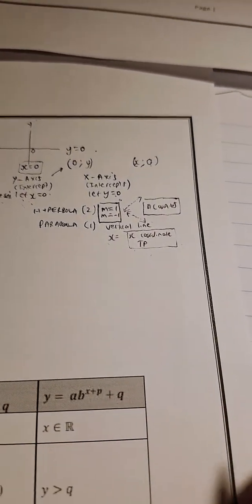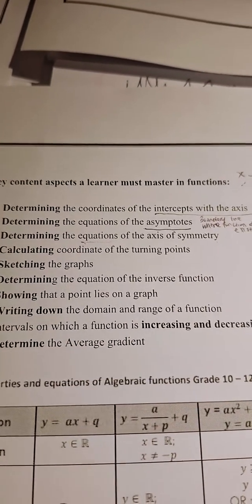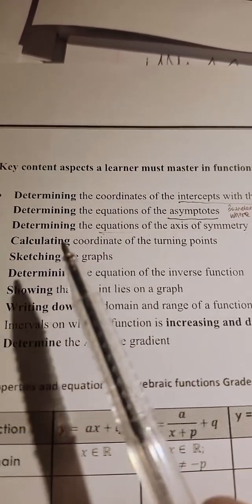But we'll be looking at details, guys, when we go into the stuff. What's important for now is for you to have a sense of recognition that, okay, if ever I'm asked to find the equation of the axis of symmetry, which functions would be applicable? We'll look at the how and the what, the specifics.